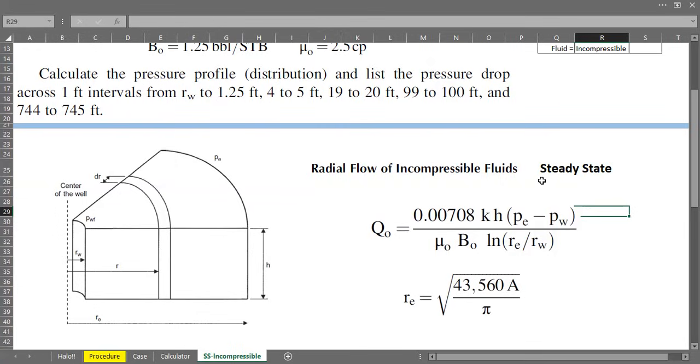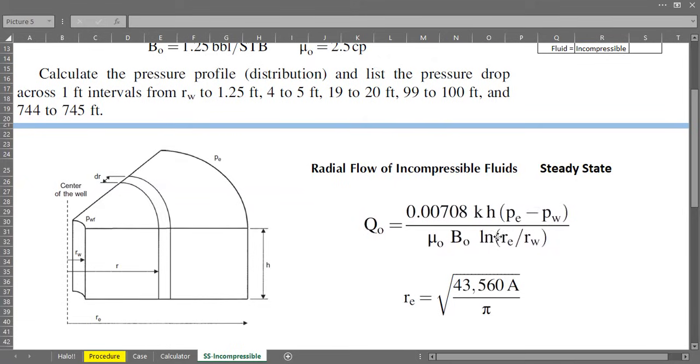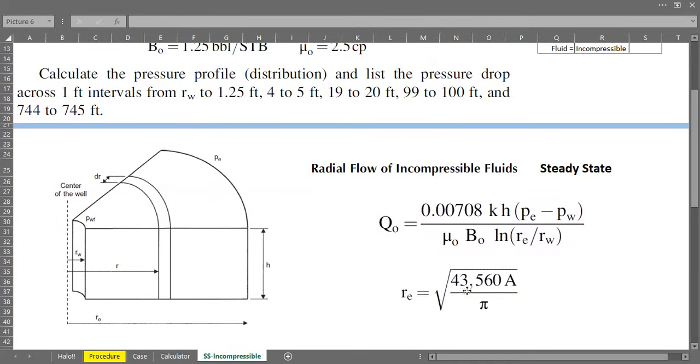For the case of steady state radial flow of incompressible fluid, we know that the flow rate applicable is in this equation. Okay, and additional information, this is the drainage radius equation if we assume a circular or cylindrical reservoir.